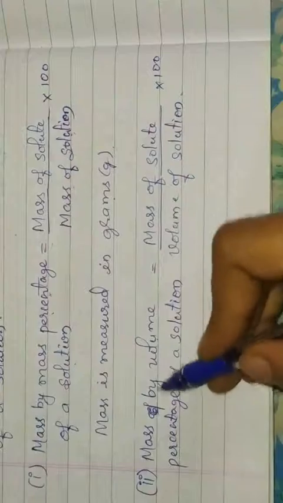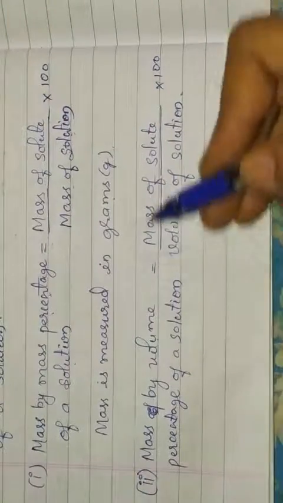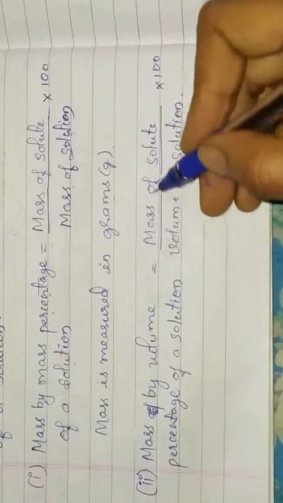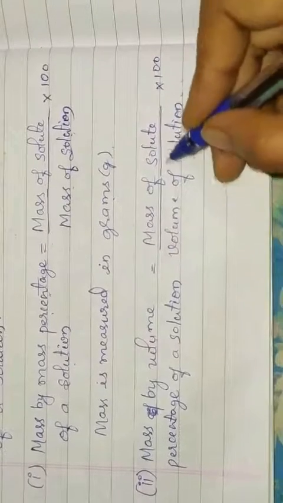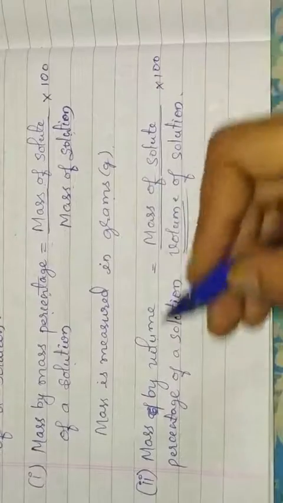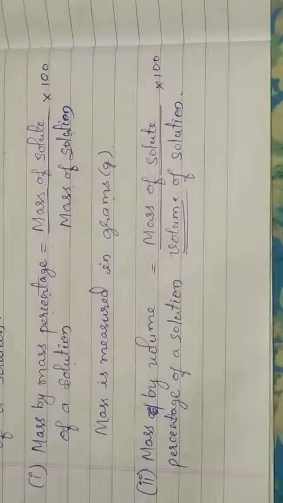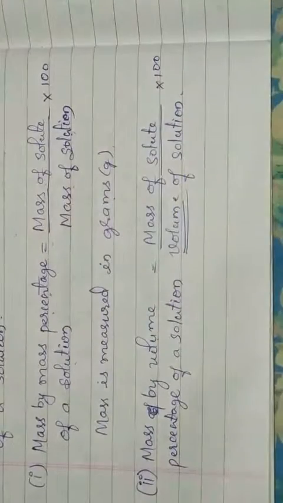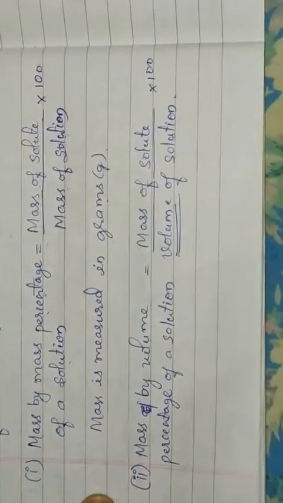But in mass by volume, the amount of solute is expressed in terms of mass and that of the solution in terms of volume. Therefore it is the mass by volume percentage of a solution. So these two formulas are important. Remember them, because on this basis we will solve some problems.